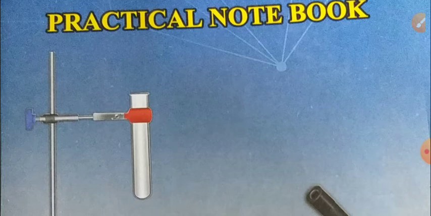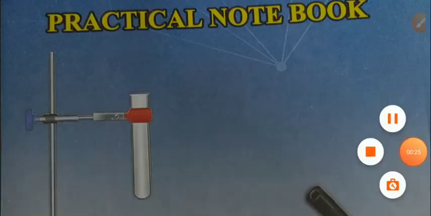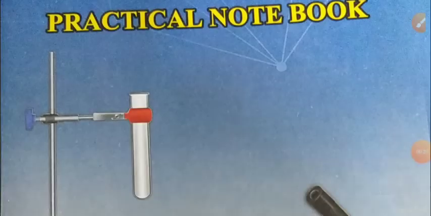Students, today we will study how to perform experiment number 1 of Science 1, Standard 10th. In our previous lecture, we studied experiment number 1 of Science 2, Standard 10.